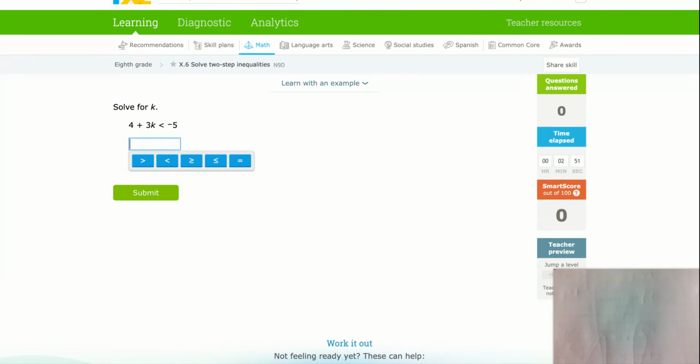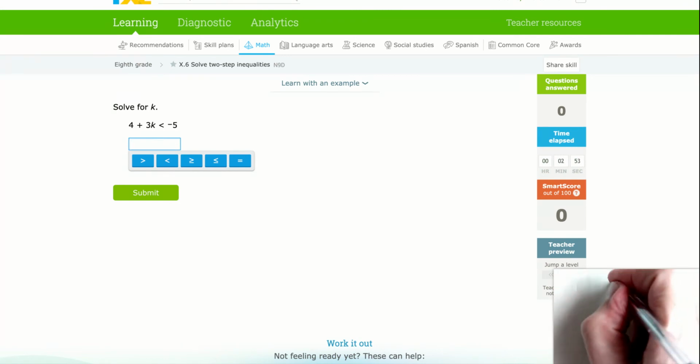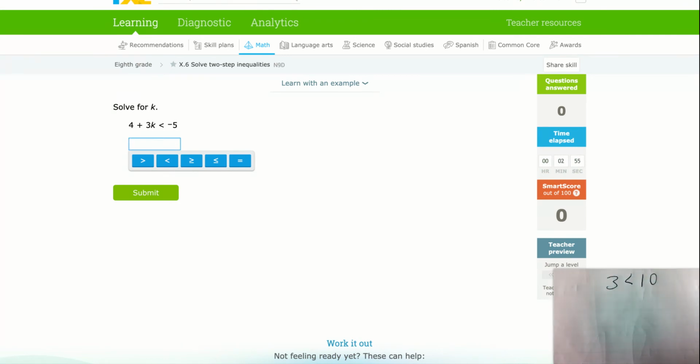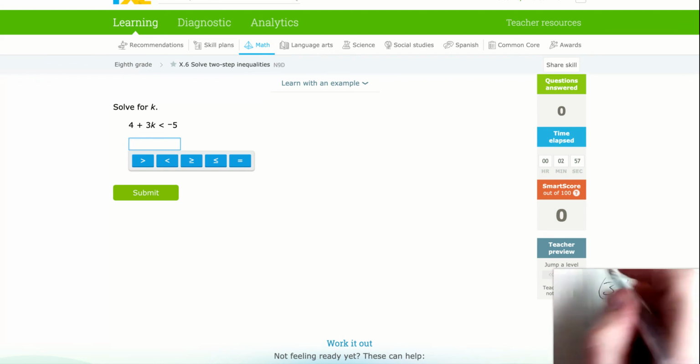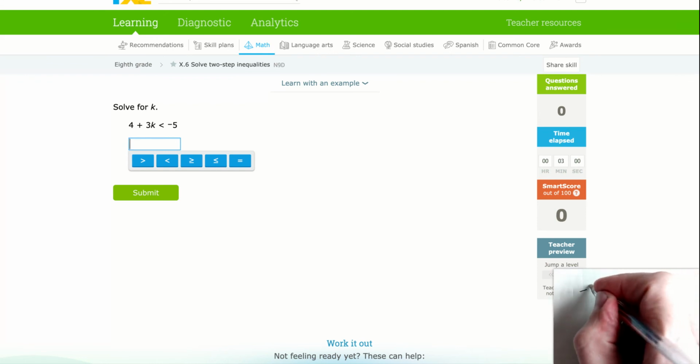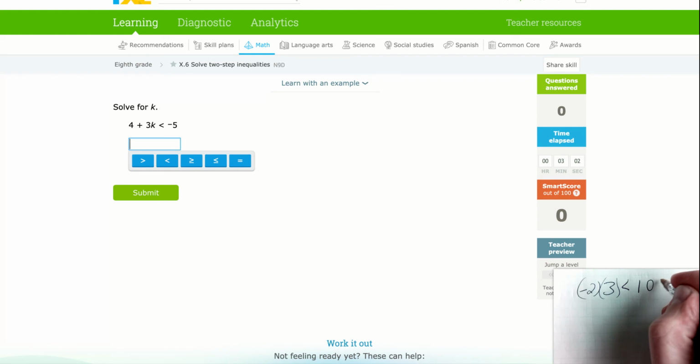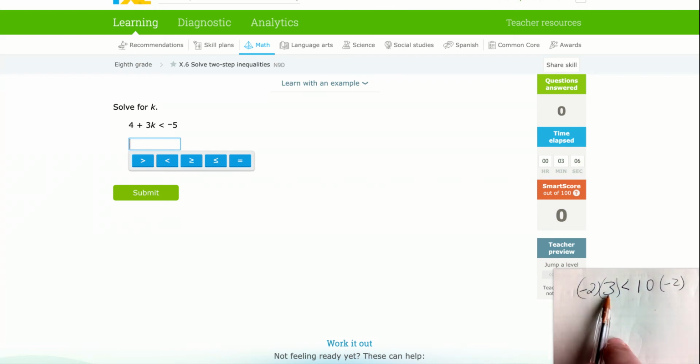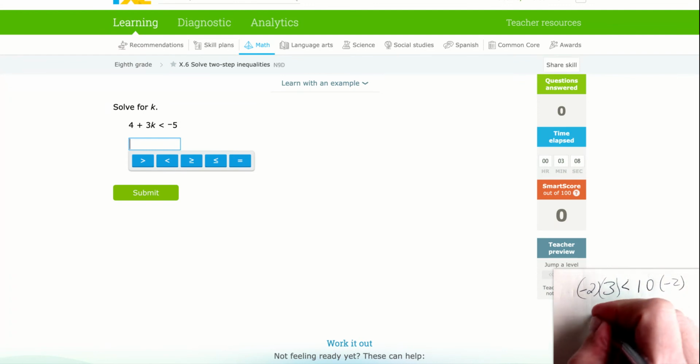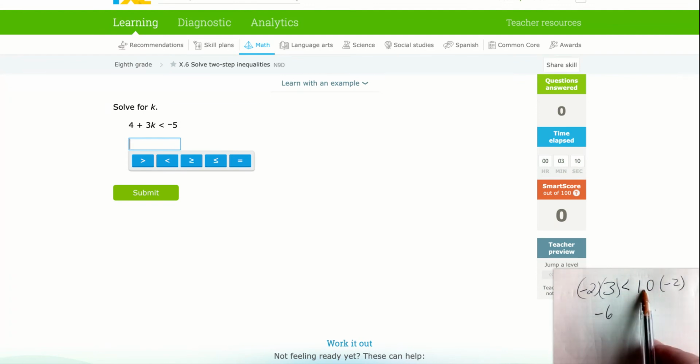But here's the catch. If I take that 3 that's less than 10 and I multiply both sides by a negative number, let's say negative 2. Well, negative 2 times 3 is negative 6. 10 times the negative 2 is negative 20.